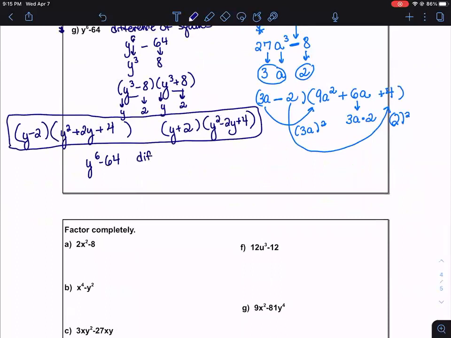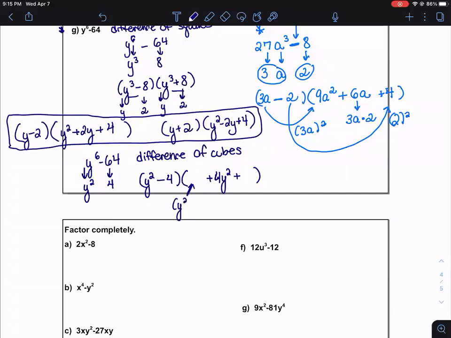This could also have been viewed as a difference of cubes right away. Y to the 6 is a perfect cube, and 64 is a perfect cube. So my binomial, my trinomial, I go minus, plus, plus: y squared minus 4, 4y squared in the middle when I multiply them.